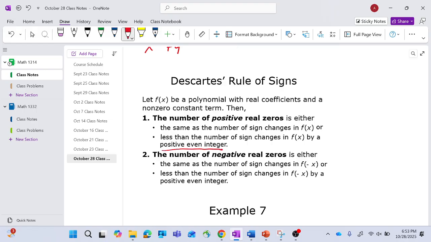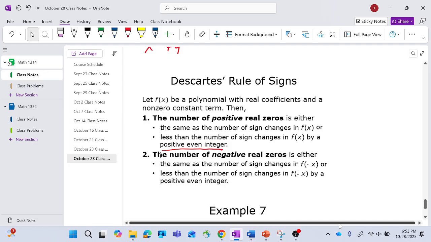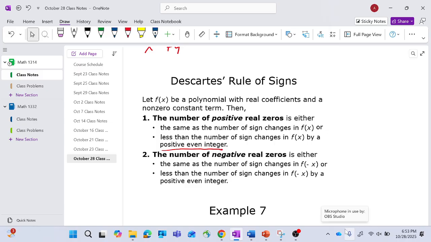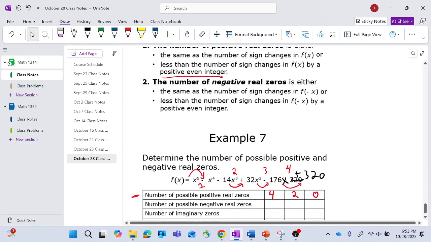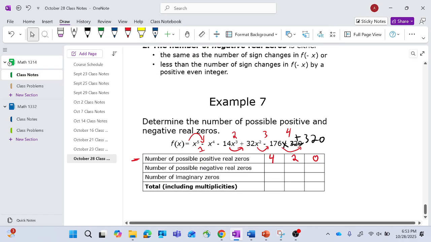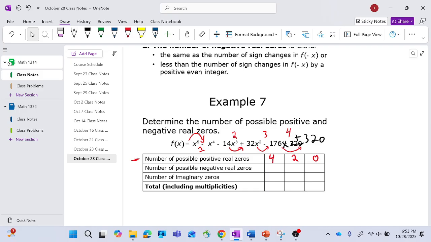That means the 4, the amount of sign changes, is just the maximum you can have. But you can always decrease it by 2. I think it's easier to think of it as decreasing. So you have 4, or 4 minus 2, which is 2, or 2 minus 2, which is 0. So all the possible ones decrease by 2. Make sense, guys?